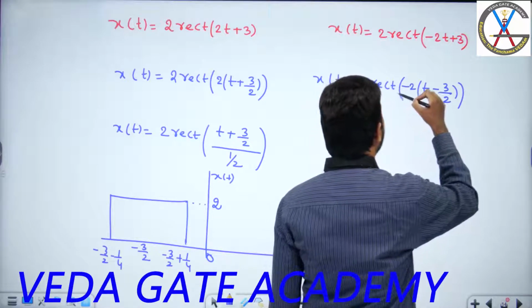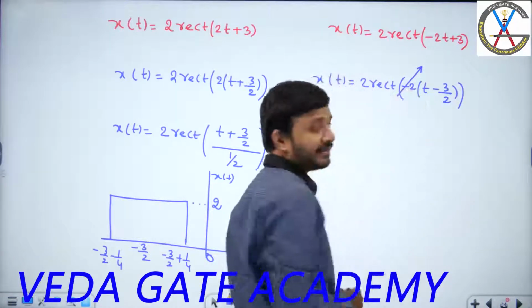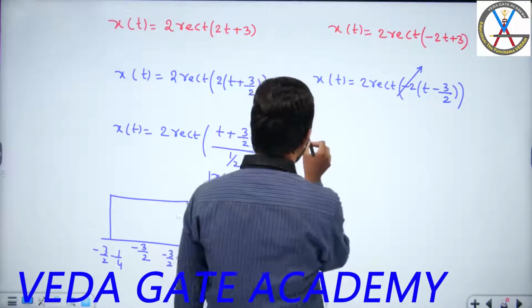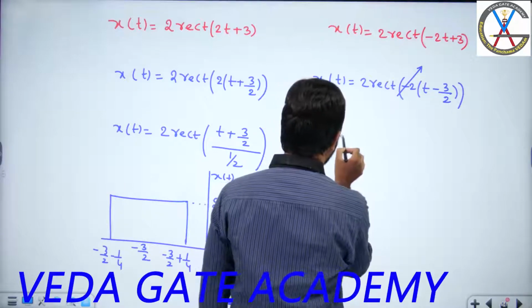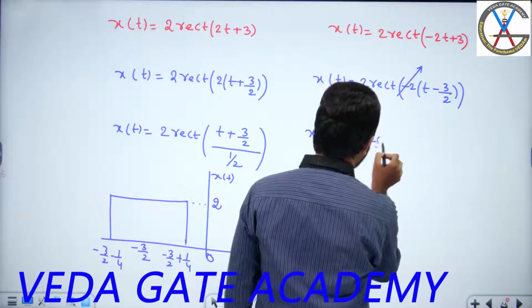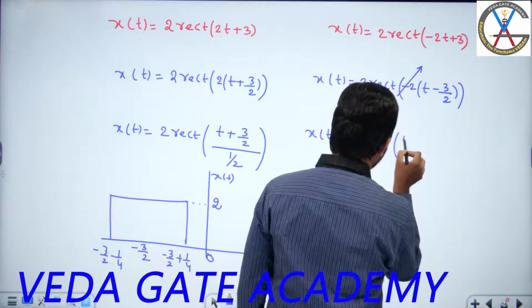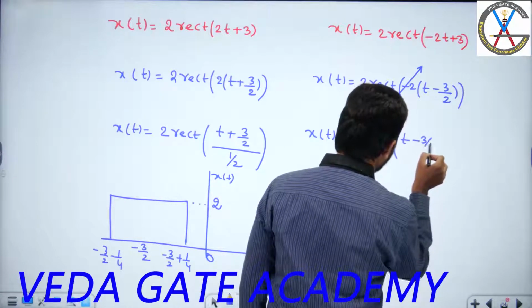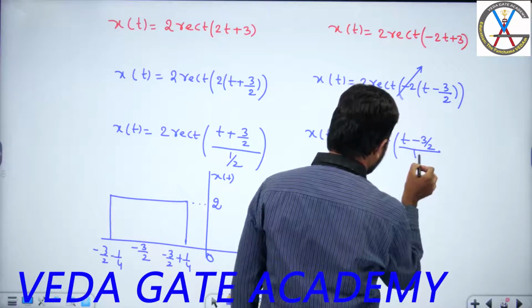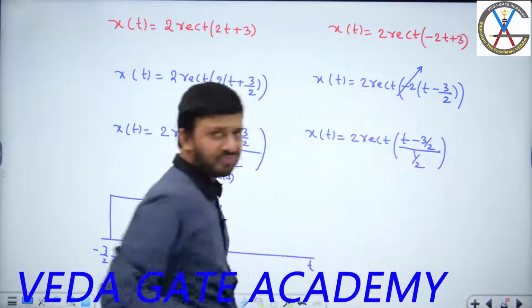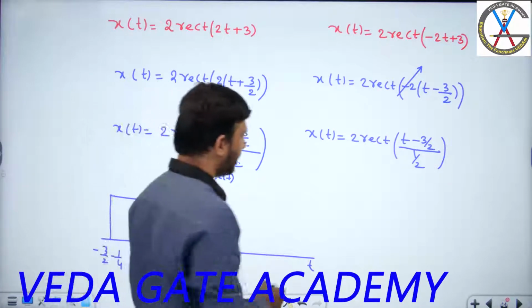You can ignore this minus, so that x of t reduces to 2 rect of t minus 3 by 2 by, this 2 I can write as 1 by 2. Or how to draw this one?